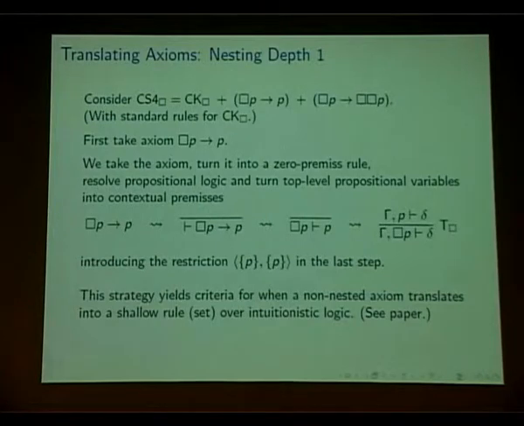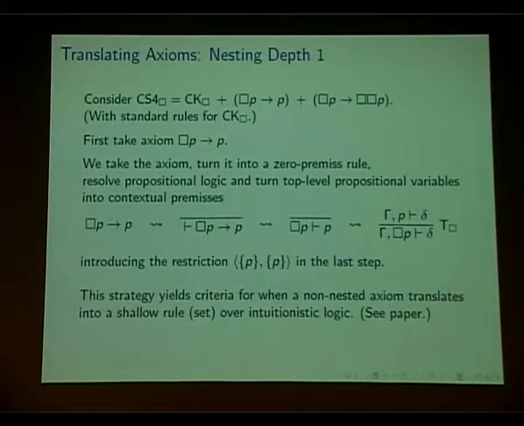The idea is to take the variable, which in this case sits on the right-hand side of the turnstile, and to introduce a new premise with this variable on the left-hand side of the turnstile, which copies over the whole context from the conclusion. So if we do this, then one can show or see that the two rules are equivalent, so that they derive the same sequents, and we get a sequent rule in our sense.